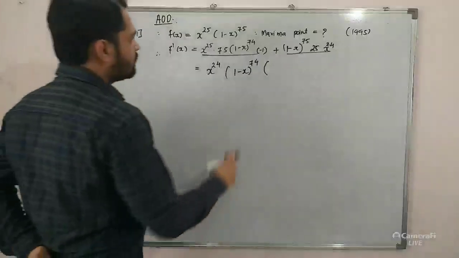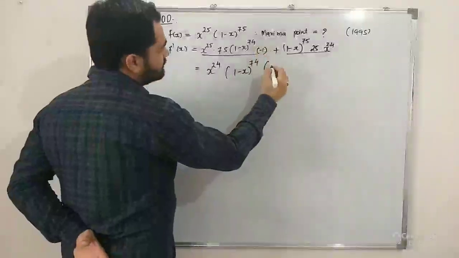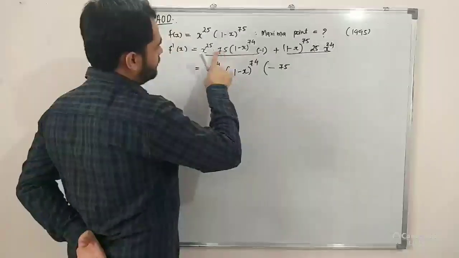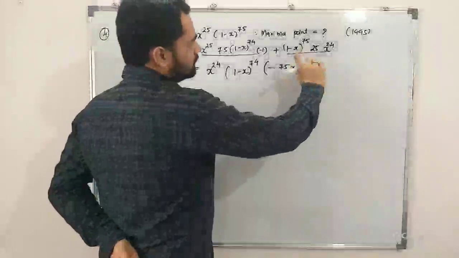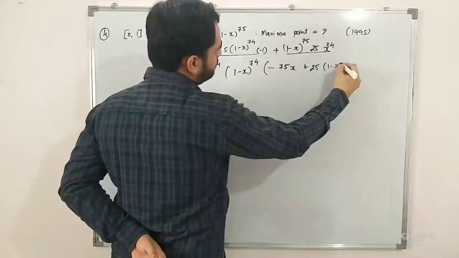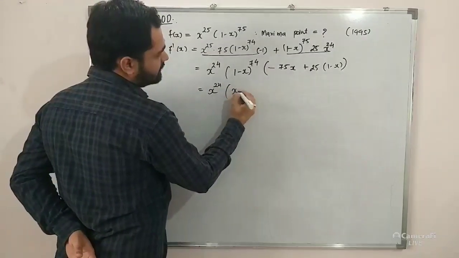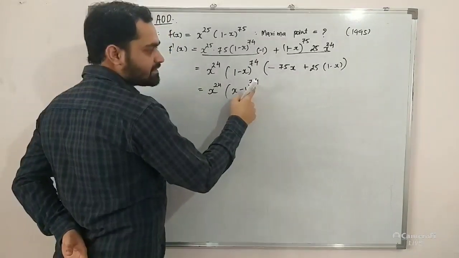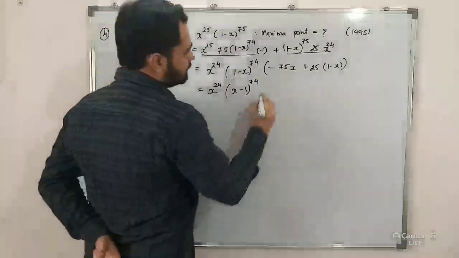So these terms are common. Now remaining in the bracket is minus 75x plus the remaining term 25 into x, I mean 25 into (1 minus x). This can also be written as (x minus 1) to the power 74, because here the power is even, so we can write 1 minus x as x minus 1, right?